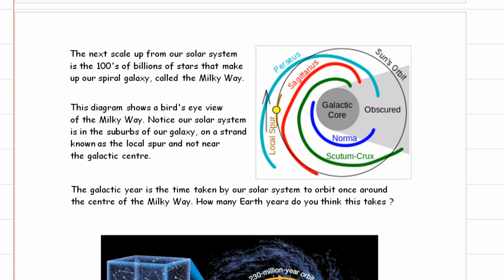You went from looking at a picnic to the planet Earth, and then our solar system, and then our galaxy, and our cluster of galaxies. Well, it's the same here. The next scale up from our solar system is the hundreds of billions of stars that make up our spiral galaxy called the Milky Way.